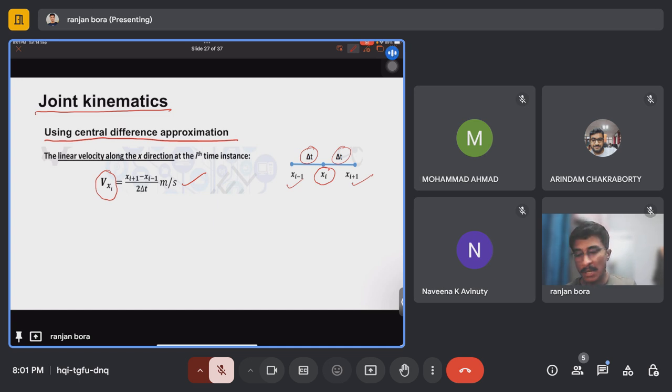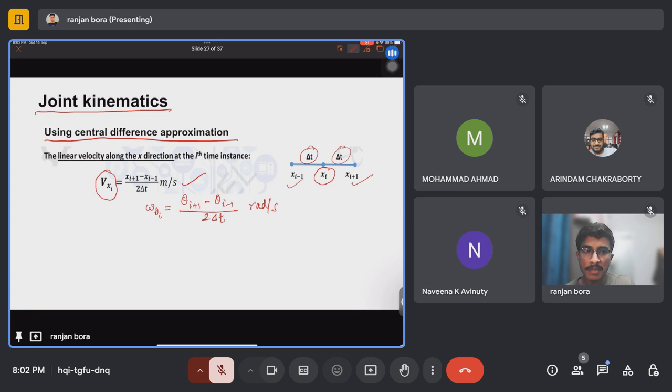Similarly, we can find out the angular velocity. What will be the angular velocity? Angular velocity omega will be theta i plus 1 minus theta i minus 1 over twice delta t. Its unit will be radian per second.